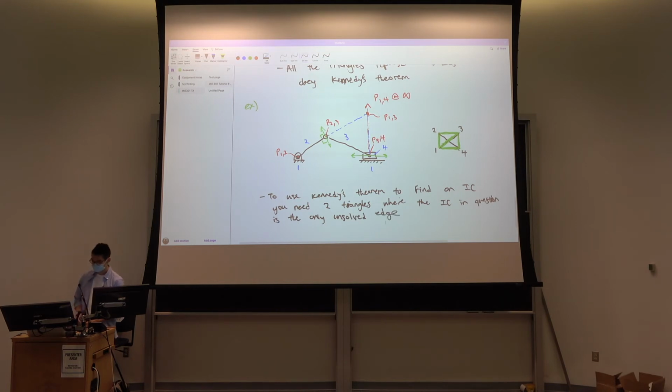Okay? To use Kennedy's theorem to find an instant center, you need two triangles where the instant center in question is the only unsolved edge.